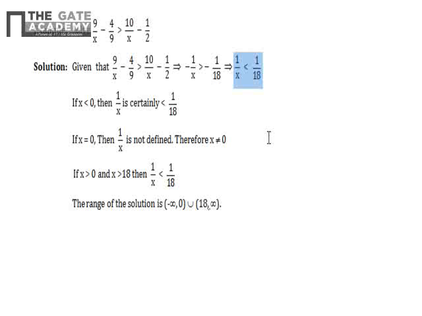First, we got that any negative number works, so this range of solution will be minus infinity to 0, but we cannot include 0 in the solution, that's why I have used parenthesis. Now we also got the solution that x can take values greater than 18. So the next solution set is 18 to positive infinity.